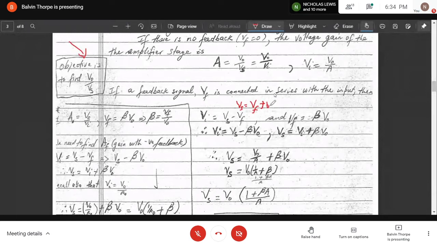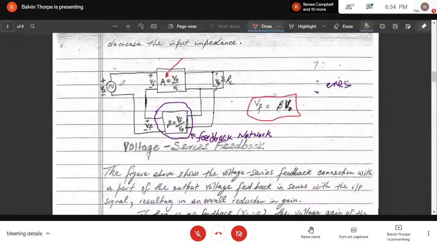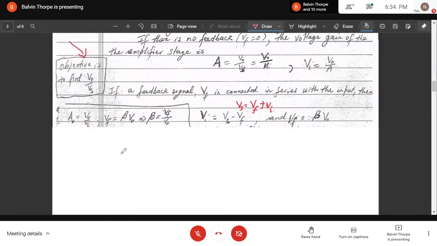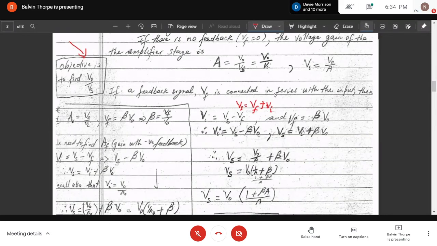We know that just by looking at it, because VS is going to be in series with the feedback and what is here. So this gives you this.